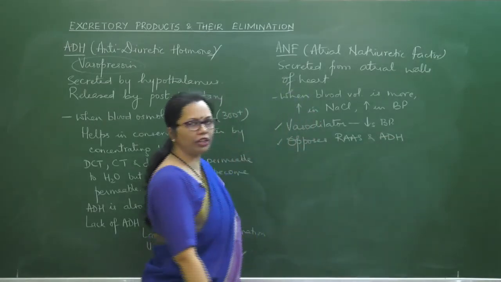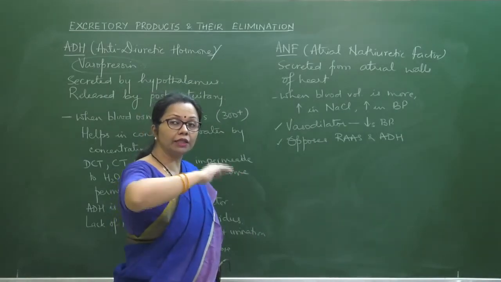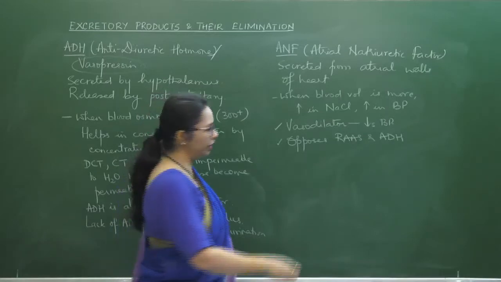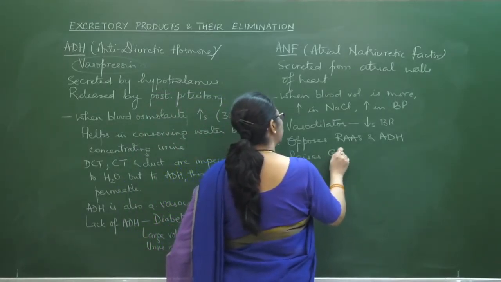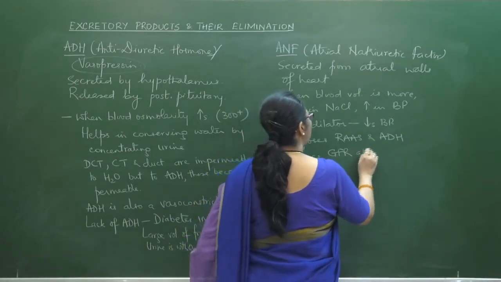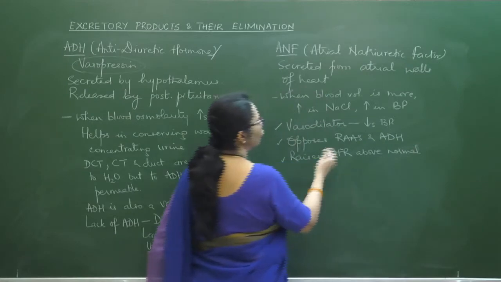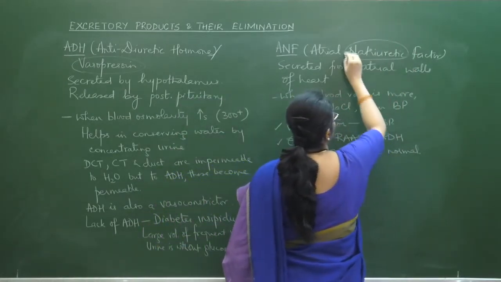And since it is a vasodilator, now here you see GFR is increasing, but this increases beyond normal, above normal, more than 125 ml per minute. So this one raises GFR above normal, and so more urine is produced, and you see, natriuretic.